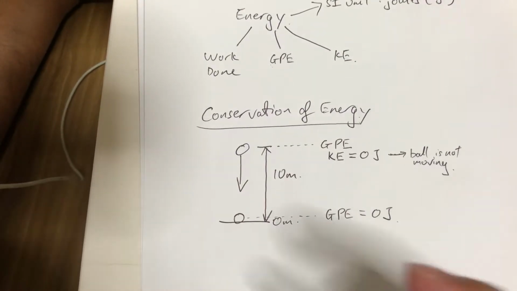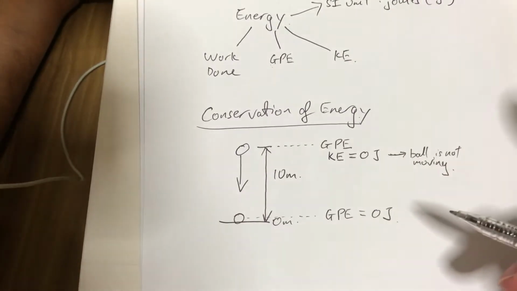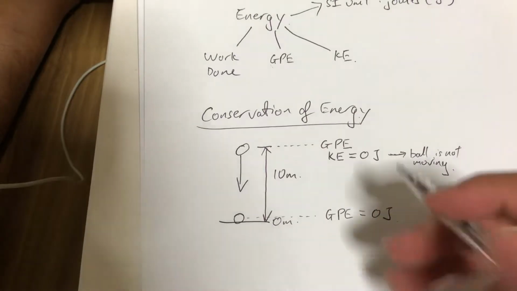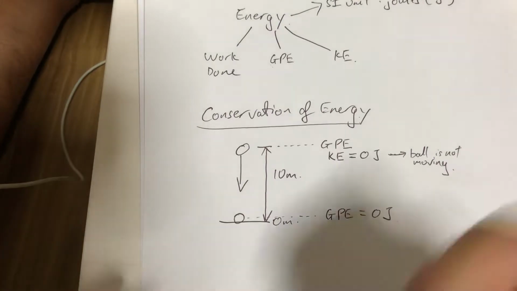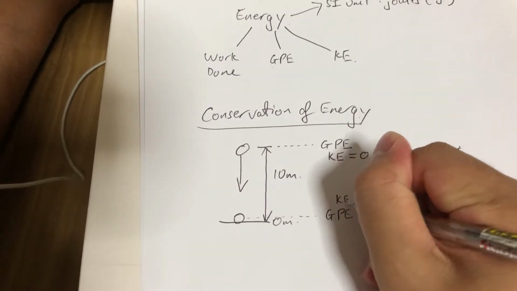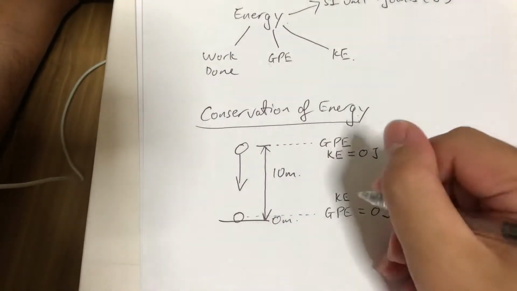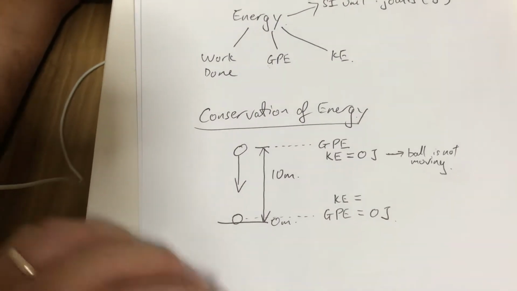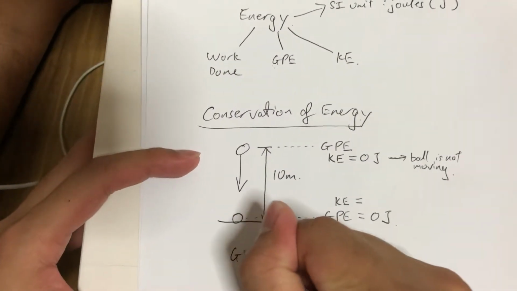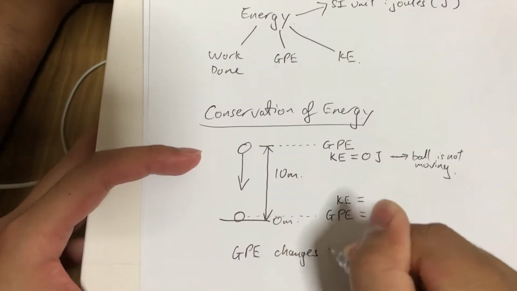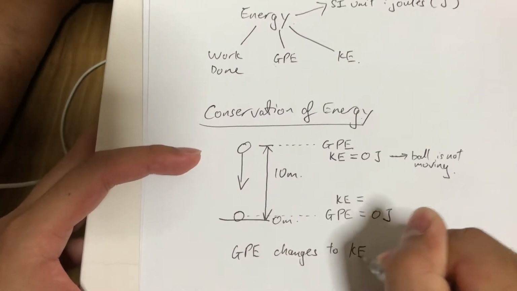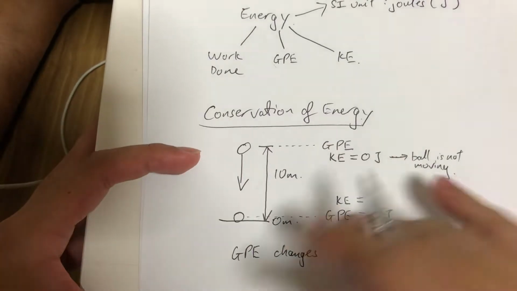But is the ball moving? Yes, and just before it hits the ground, it has the most kinetic energy. So the gravitational potential energy changes to kinetic energy throughout the whole situation.